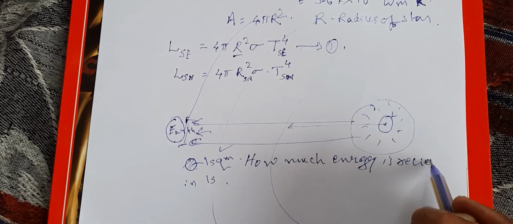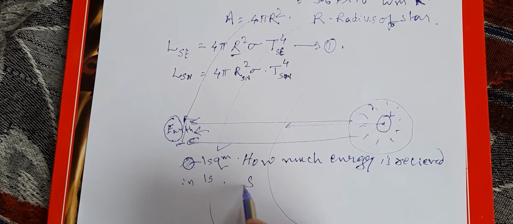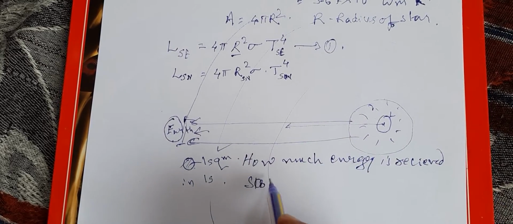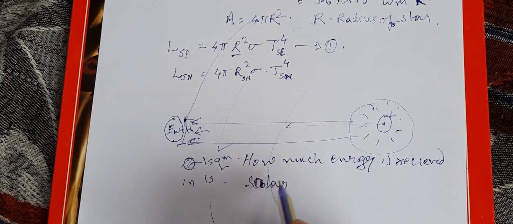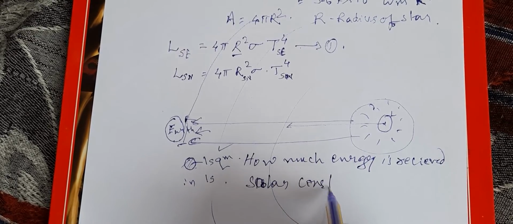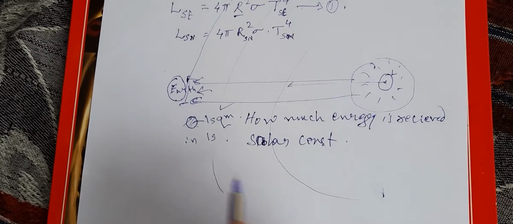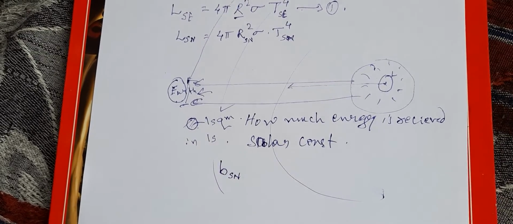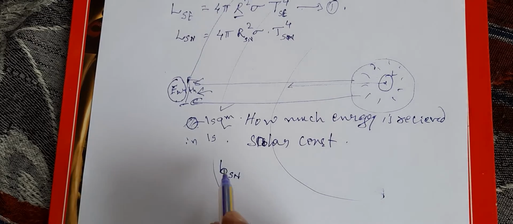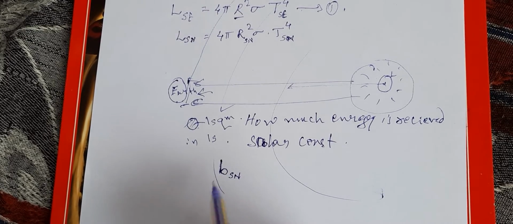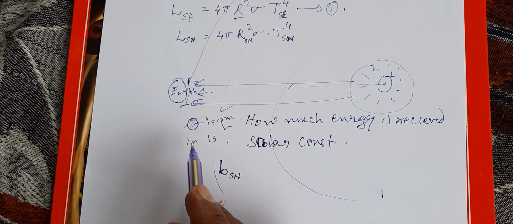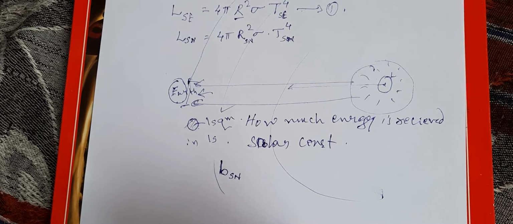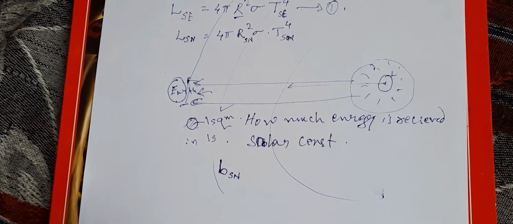That is called the solar constant. So the solar constant can be written as B sun. This is the amount of radiation received on earth per square meter per second, normally to the surface.